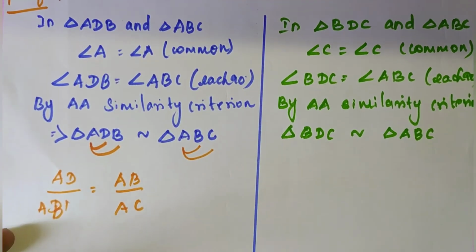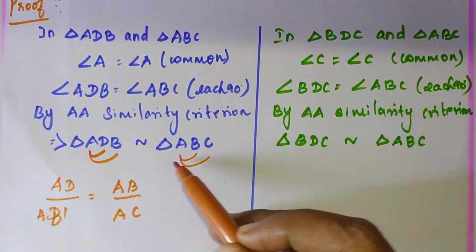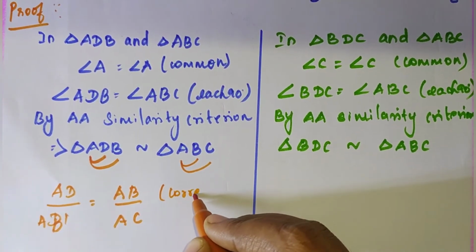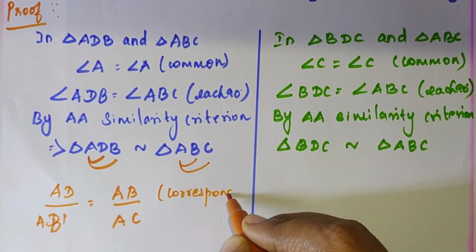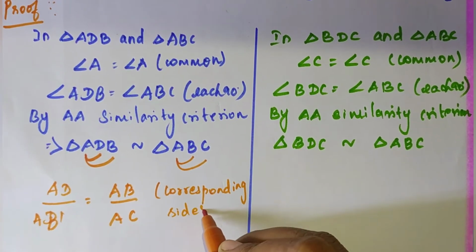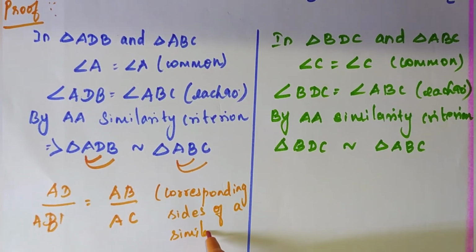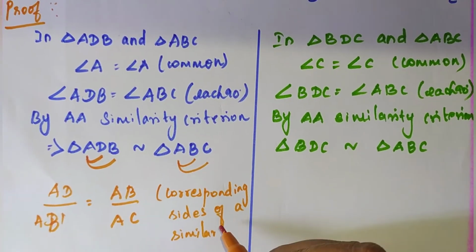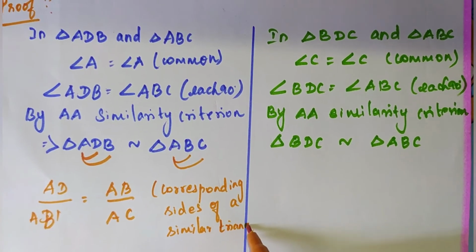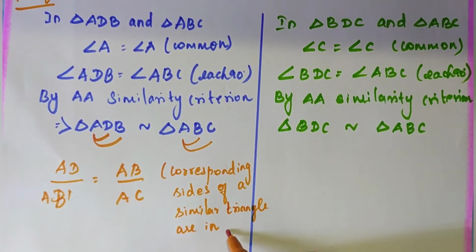So in this way you can remember easily: AD divided by AB, AB divided by AC. How is it? Corresponding sides of similar triangles are in the same ratio.